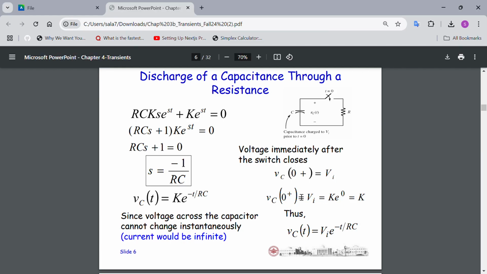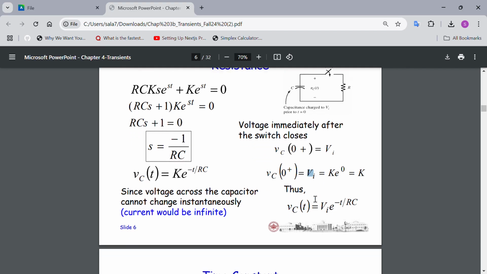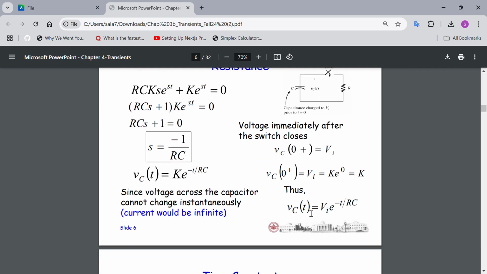If we substitute 0 into the equation k e to the st, we get k e to the 0, which is basically k, which indicates that k equals V naught, the initial voltage the capacitor has been charged with. And thus we can say that vC of t equals V naught e to the negative t over RC.